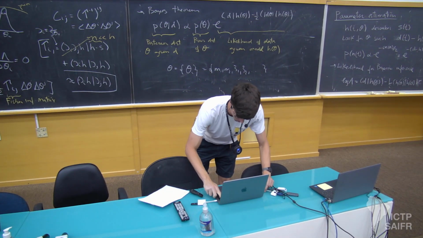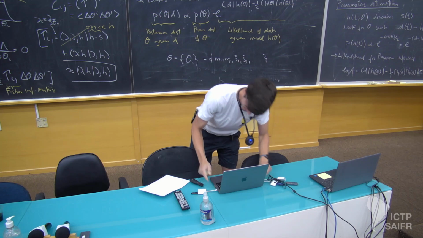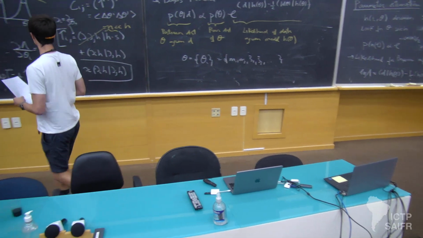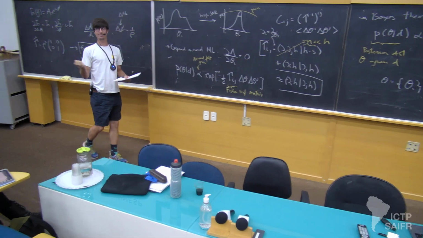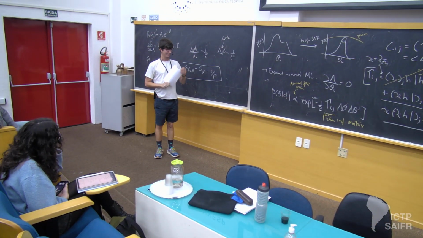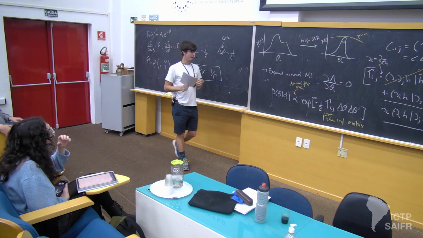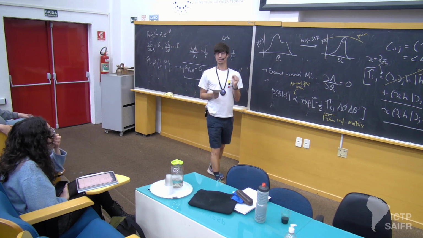Yeah. So the case of LISA is actually very different, because LISA will be an instrument that will be dominated by the signal and not by the noise, as you are pointing out.